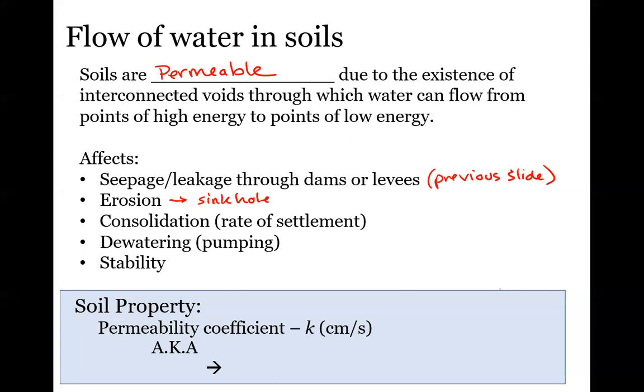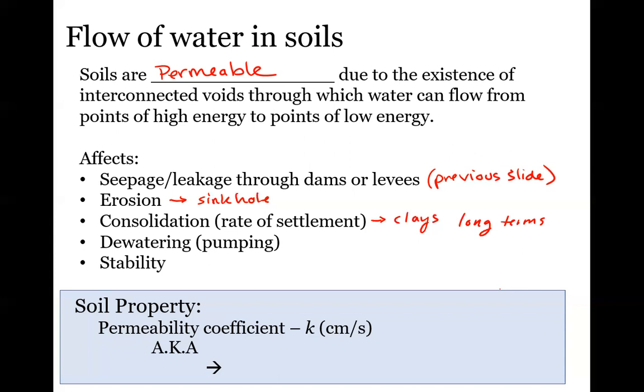A big area that we talk about too is consolidation. We're briefly going to cover this at the end of class, but this is the long-term settling of clays. The best way to think of this is like some of those super nice, expensive car wash sponges that have really small void spaces and are filled with water.